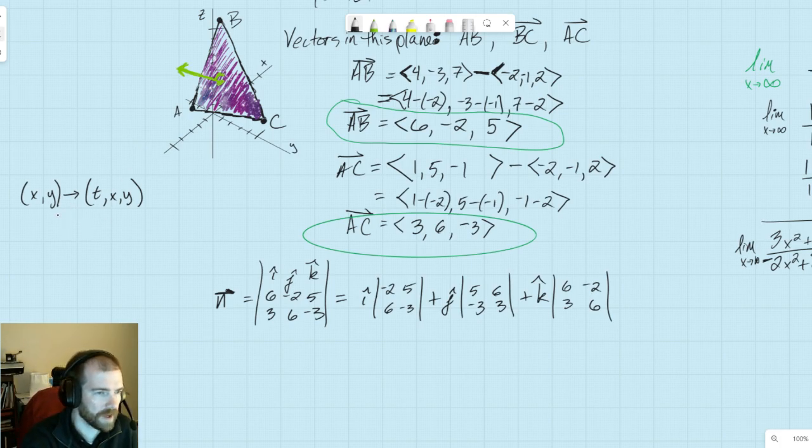So instead of having one independent and one dependent variable, we went to having one independent variable and two dependent variables.